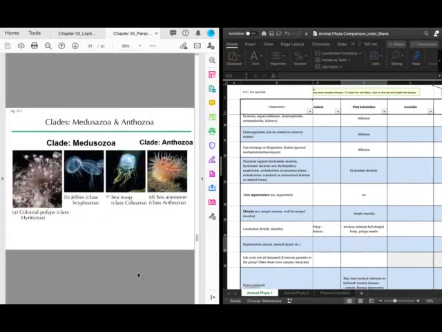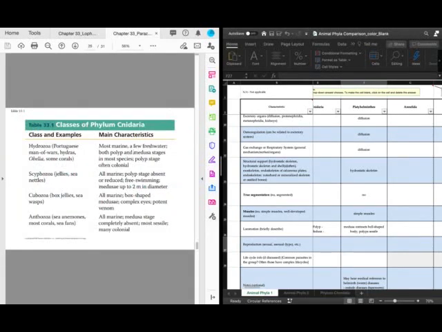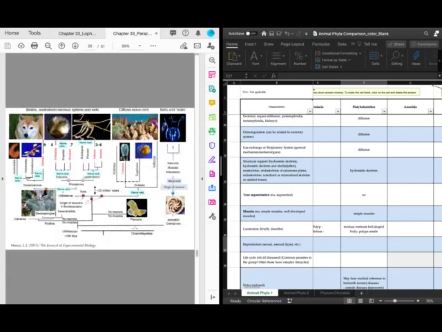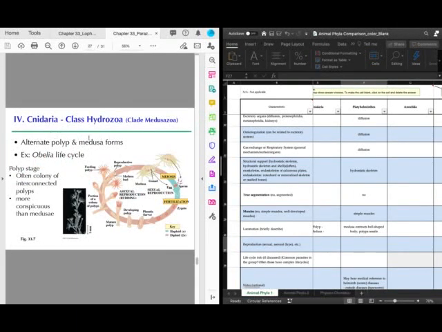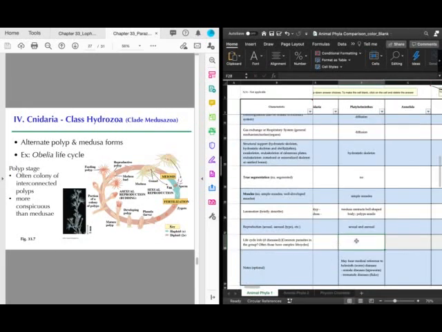Let's see, free swimming, blah, blah, blah. Oh, here we go. Okay. Alternate polyp and medusa life forms. So you can see this is sexual and asexual reproduction. We don't need sexual, asexual. So we're looking at both. Actually, at least asexual for some of them. Life cycle info, not too worried about that.